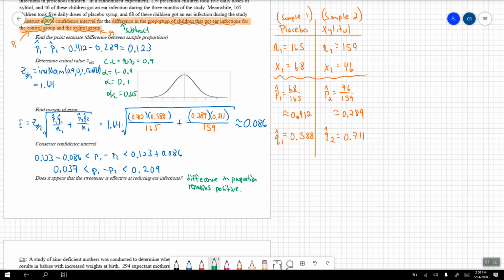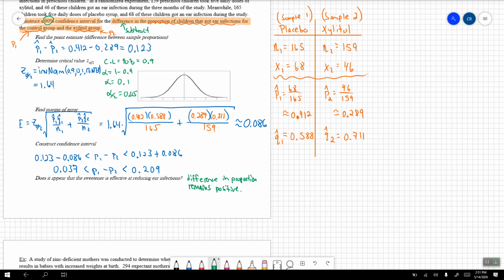What does that mean then? That means that for this confidence interval, 90% of the samples that we take, the difference in the population proportions will fall within this interval. So the difference in the population proportion will be positive, meaning that there is a significant difference.